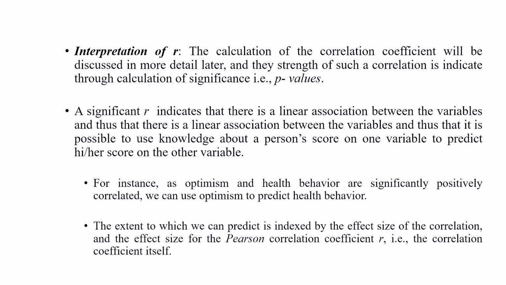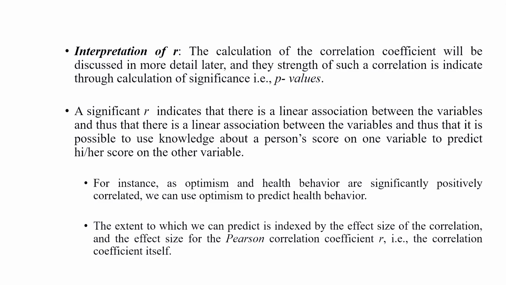Okay. So, significant R indicates that there is a linear association between the variables, and this is the knowledge that you will be able to use about a person's score in order to predict the changes in the value of the other variable. So, for example, as optimism and health behavior, remember Scheier's example, are significantly positively correlated, we can use optimism to predict health behavior.